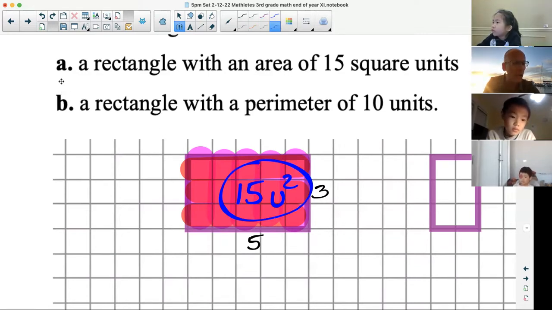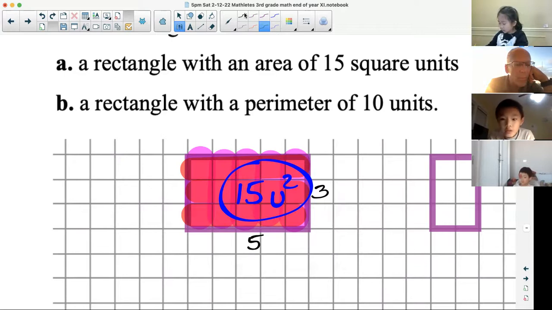Now, Eleanor, did you figure out the one with the perimeter of 10? No. Okay, I want to show you what I did. The first thing I did is I divided 10 by 2. Who knows what is half of 10?